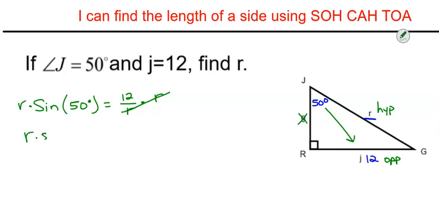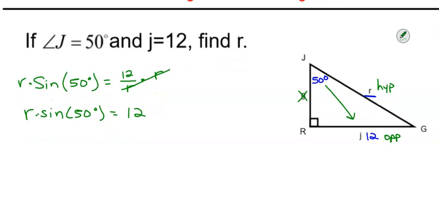Now you're left with R times sine of 50 is equal to 12. Okay, and we're just solving an equation. We need to get R by itself, so we need to get rid of times sine of 50. The opposite of times sine of 50 is divide by sine of 50. Whatever you do to one side, you have to make sure you do to the other side.